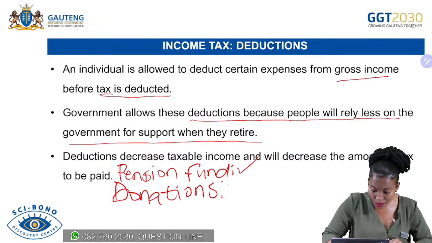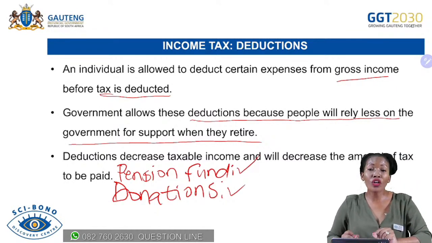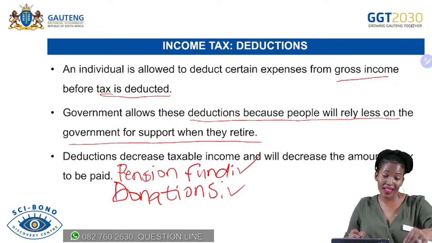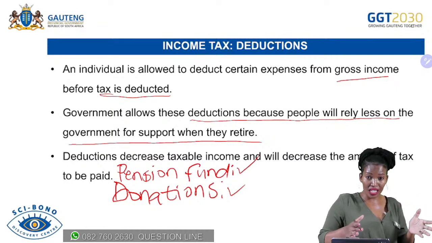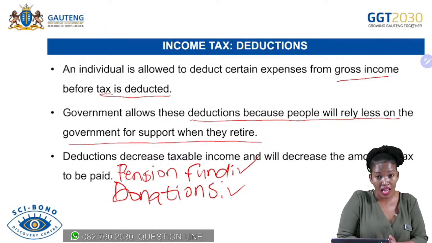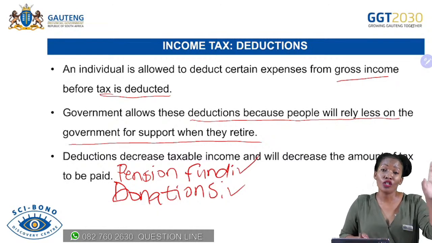When someone contributes to donations, we do not tax those donations, because these people are relieving the government. They are assisting the government. So the government's way to show gratitude, to show appreciation, is to excuse them from paying tax on the amount that they are contributing towards donations.